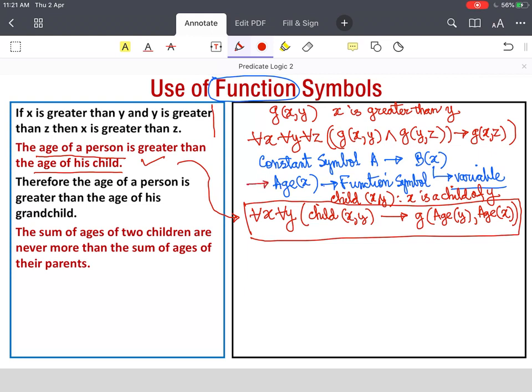In order to do this example, we introduced one function symbol called age and one new predicate symbol called child(x, y). And we said that for all x, for all y, if x is the child of y, then the age of y is greater than the age of x.